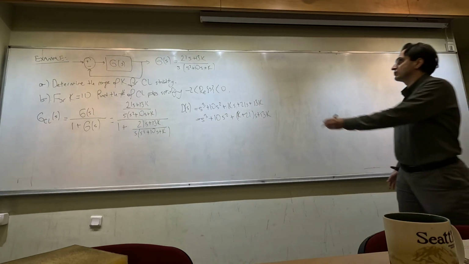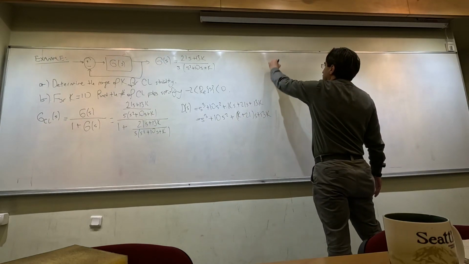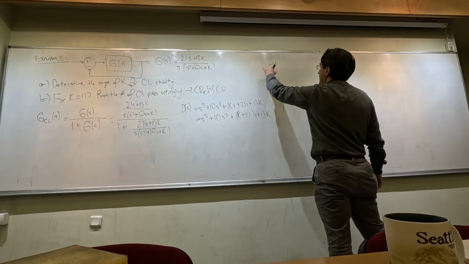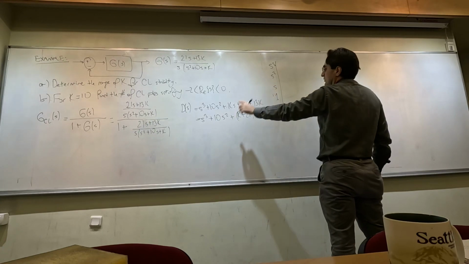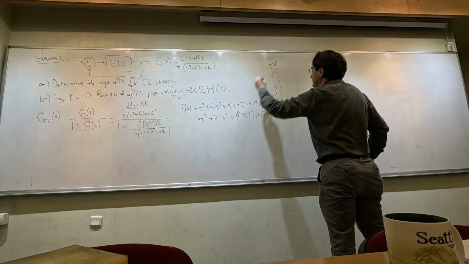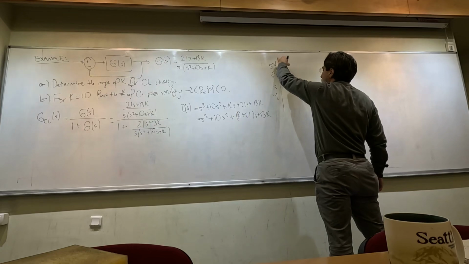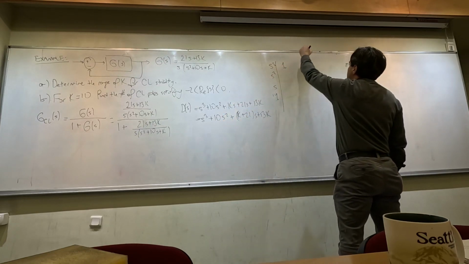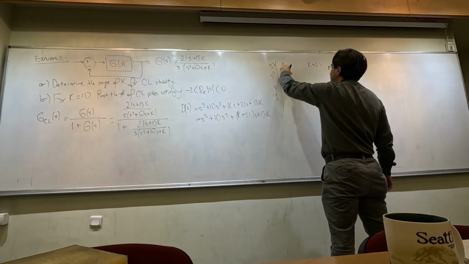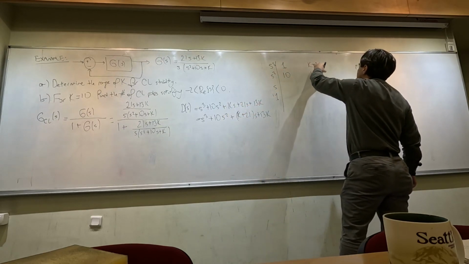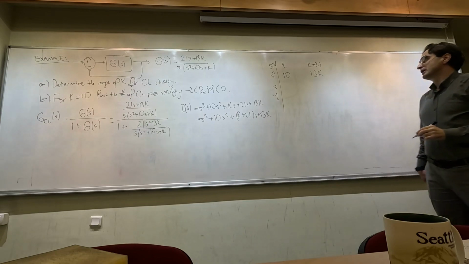We can just form the Routh array. So I have S cubed here, and S squared, S and 1. The coefficients in the first row will be 1 and K plus 21. And the coefficients in the second row are 10 and 13K. Okay?